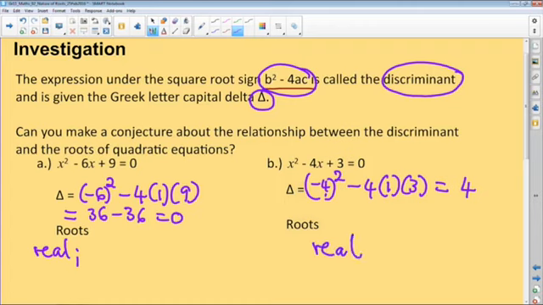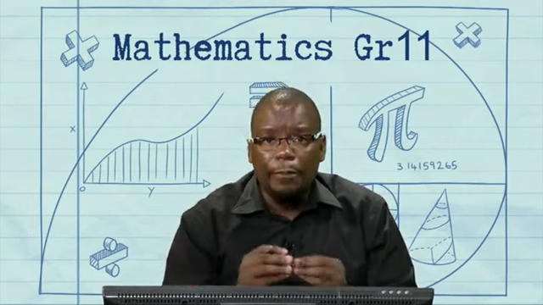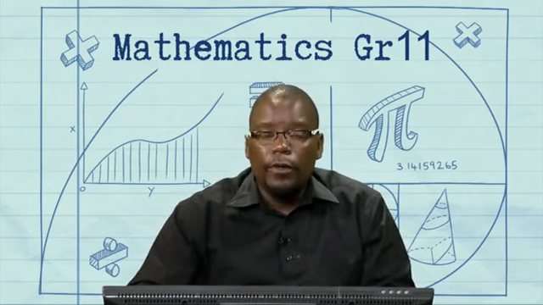Now remember, you will be checking this. If it's a perfect square, that's also going to be rational, and you can write it in the form a over b. So it's real and rational. I'm going to give you a quick break, and then we'll come back and unpack the whole of this.